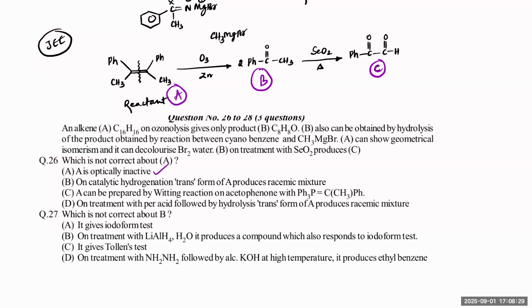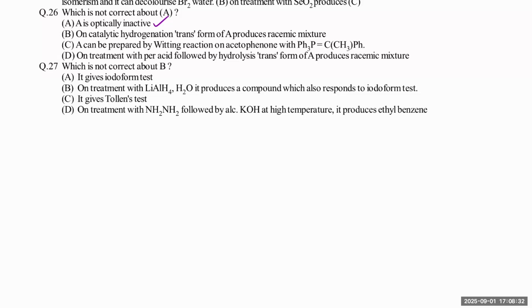Oh, okay. So that means if you take a trans here, this is how it is. Suppose double bond, if you have Ph and Ph here, methyl and methyl here. Suppose you take this one, you know that this is trans. Trans plus H2.